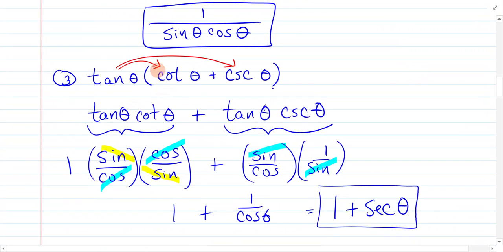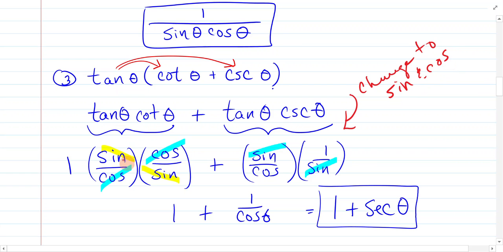Simplify tan theta parentheses cotan theta plus cosecant theta. Well, we're going to distribute. We're going to multiply tan by both of those things. So we have tan theta cotan theta plus tan theta cosecant theta. At this point, we're going to change to sine and cosine.